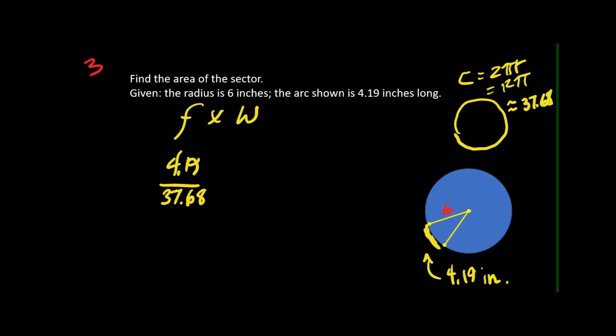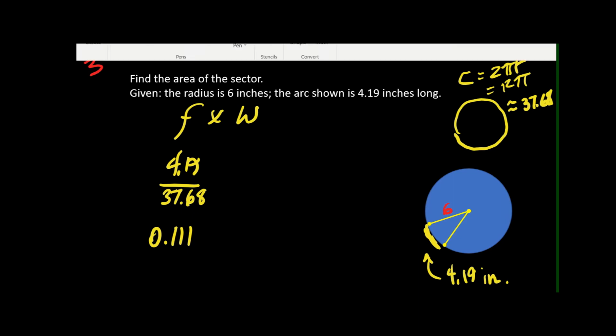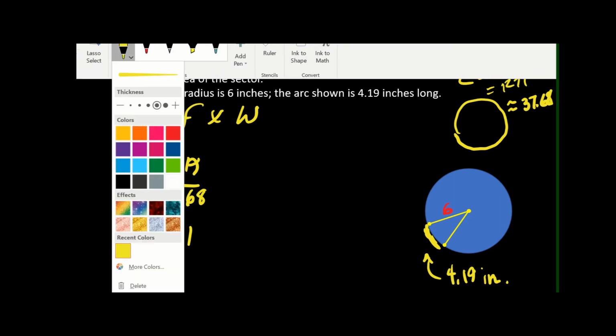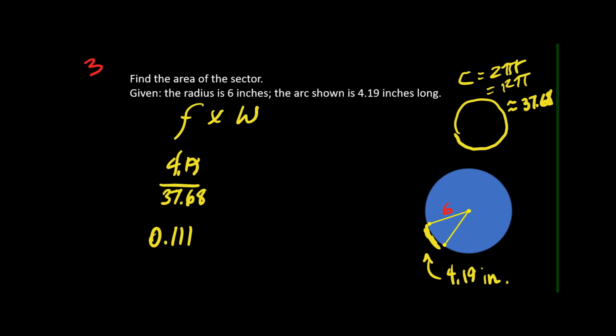And if I divide 4.19 by 37.68, it is 0.111111, and that is 1/9. It's not quite repeating. It should be repeating. It's a little bit bigger than 1/9. I guess I'll just take it to 3 decimal places there. Okay, so that's our fraction, about 1/9. Off a little bit because of the rounding, I guess, of the decimals.